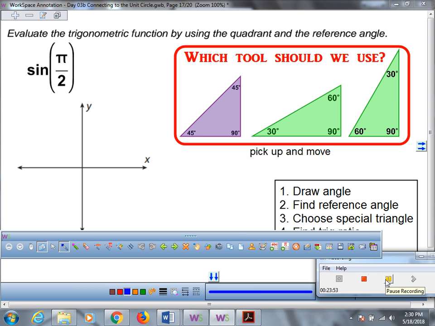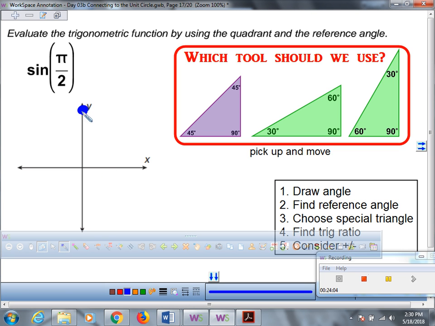All right, so I have sine of pi over 2, so I'm going to go to pi over 2, which is here. Pi over 2 is not a triangle, it's a straight line. If I'm at pi over 2 and I have to go to the x-axis to draw my triangle, that's not a triangle. It's just a straight line.